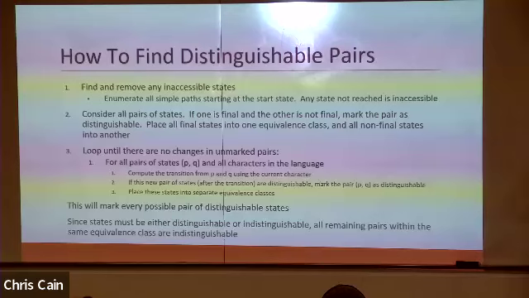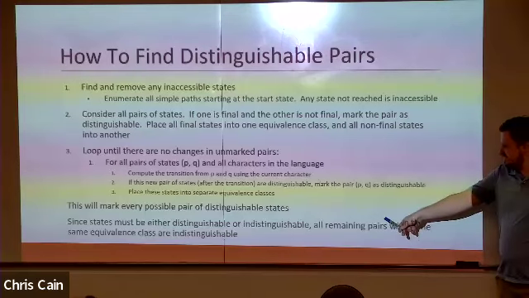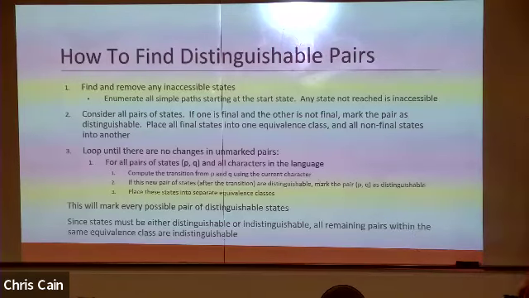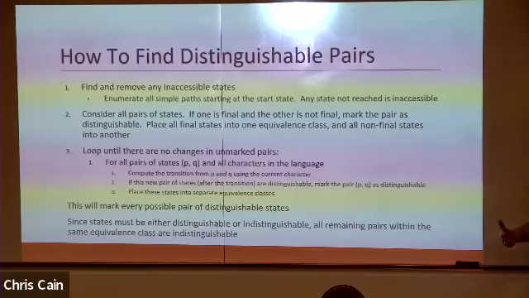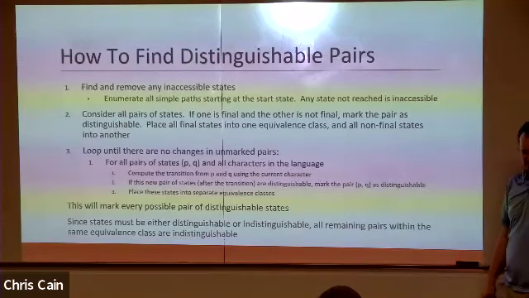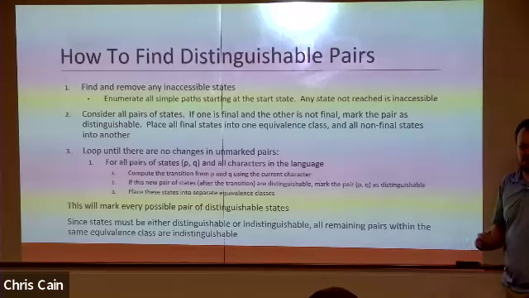So if you do this, we know that pairs of states are either distinguishable or indistinguishable. If this terminates having found all distinguishable pairs, then all remaining pairs must be indistinguishable. And that finds all of the states that can be combined in a DFA.